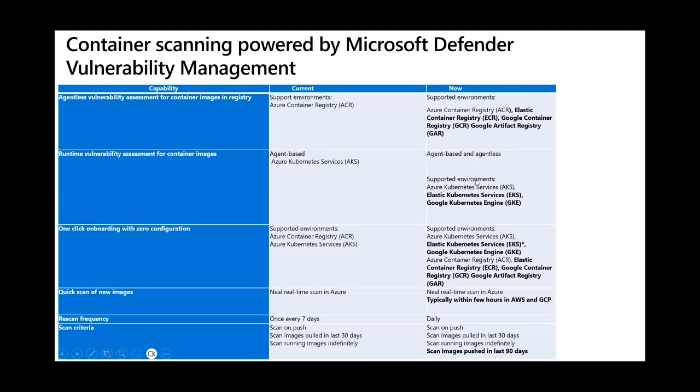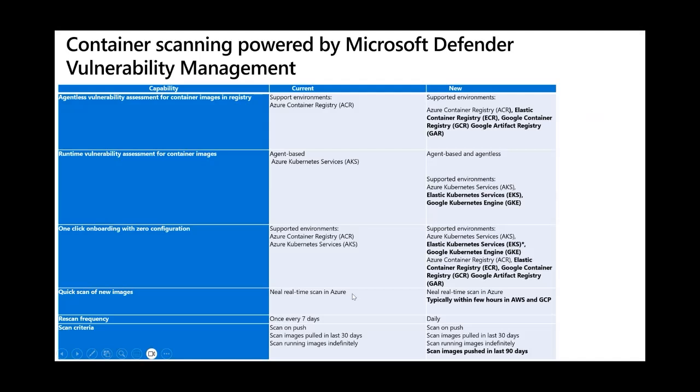And we're also supporting more environments in this case by extending to EKS and GKE. And again, as I showed you, the onboarding is pretty straightforward in terms of making sure that those two toggles are turned on.